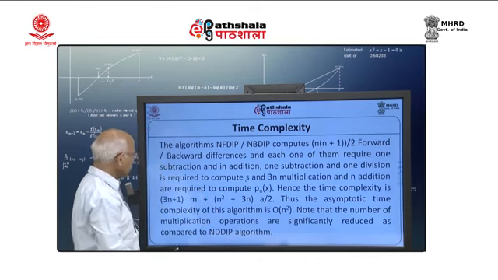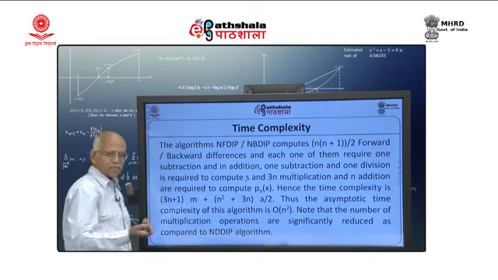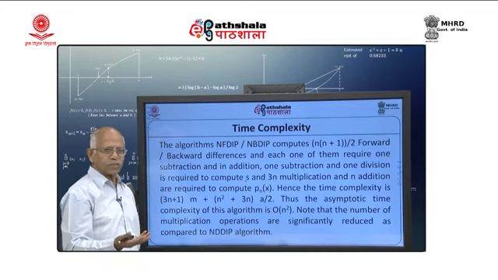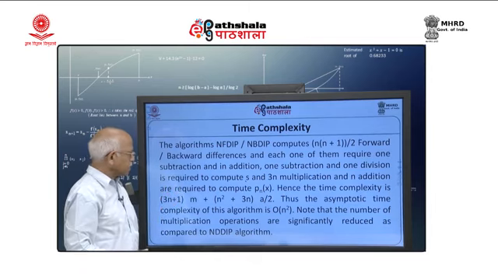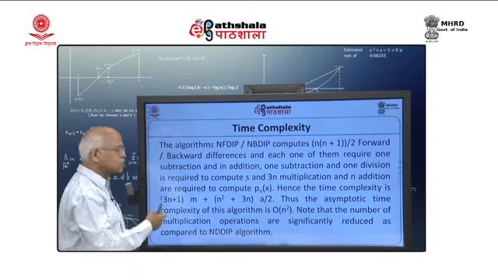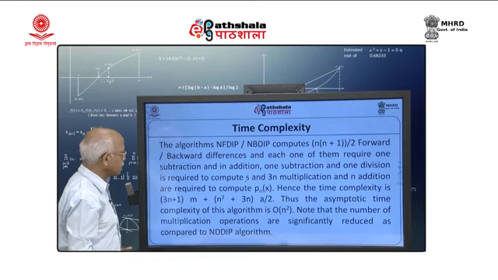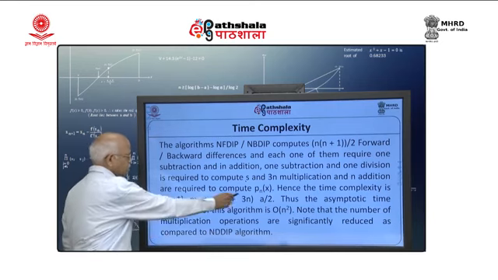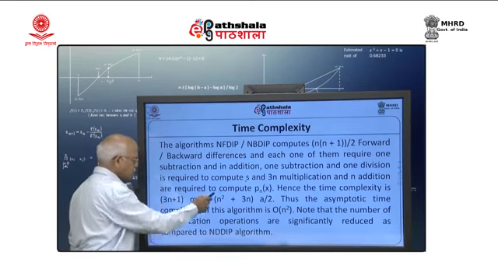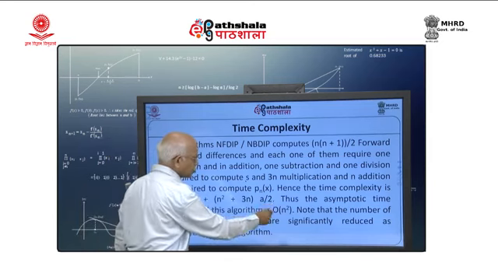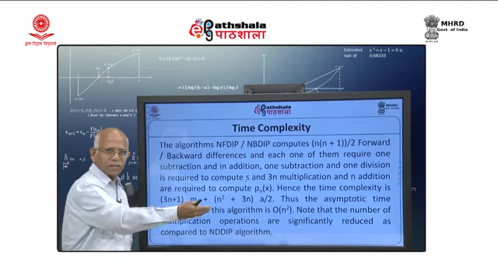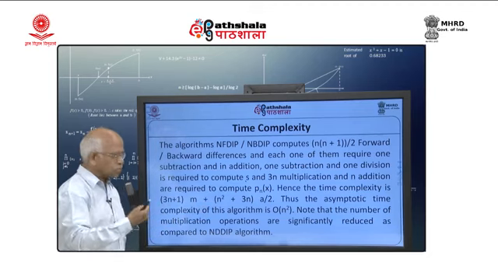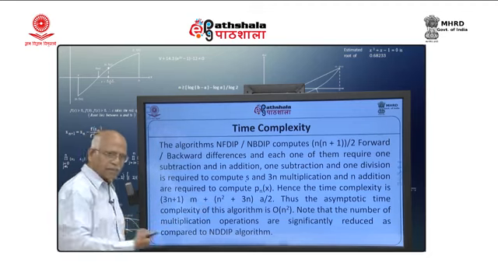Thus the asymptotic time complexity, you know, is computed in terms of the size of the problem, that is n here, and the highest power of n is considered as the asymptotic complexity. The highest power of n in this expression is n square, and therefore the asymptotic time complexity is order n square. That means the time required for the algorithm increases similar to n square as n increases.